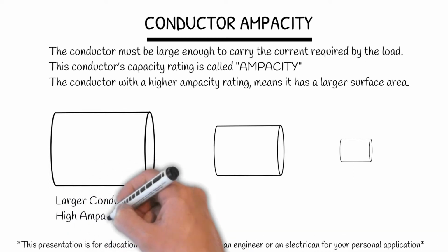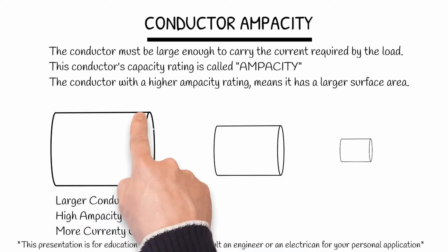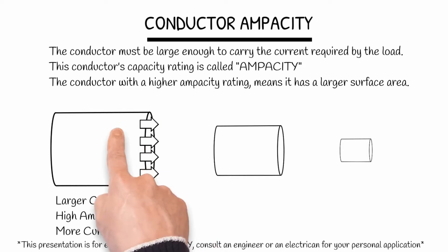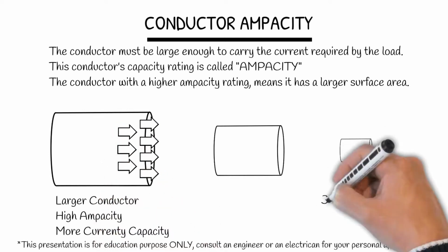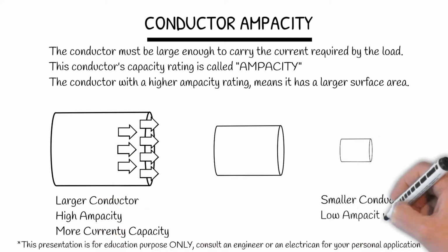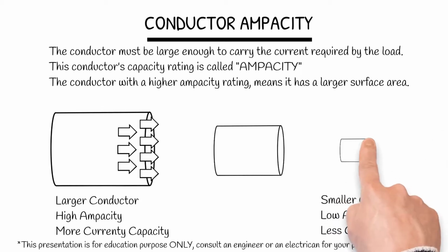A larger conductor has higher ampacity, more current capacity. The smaller conductor has low ampacity, less current capacity.